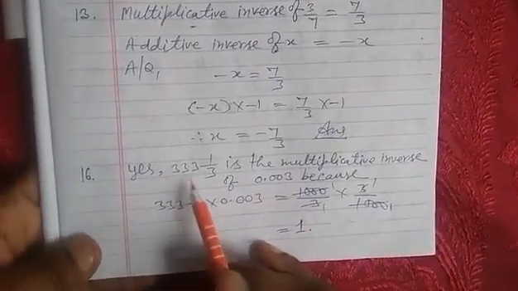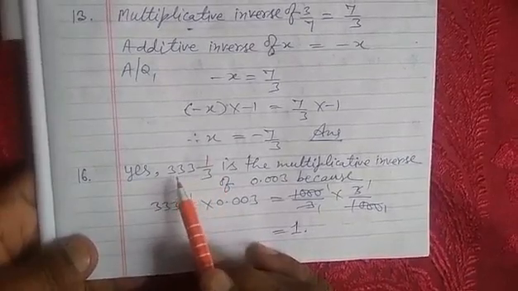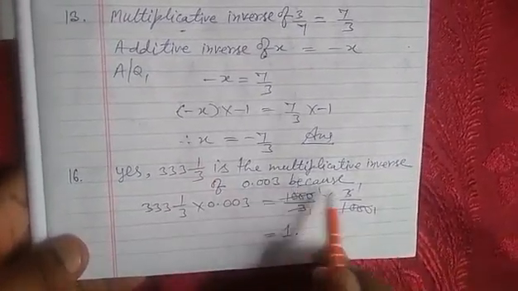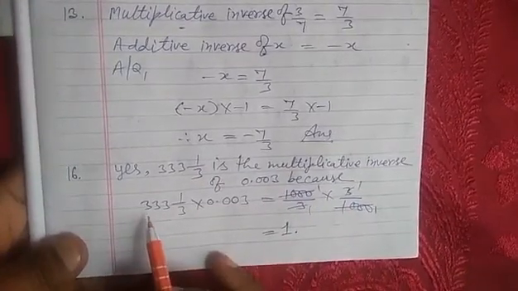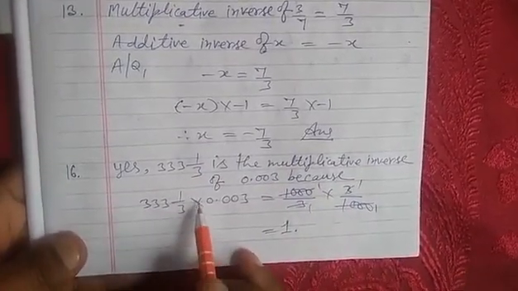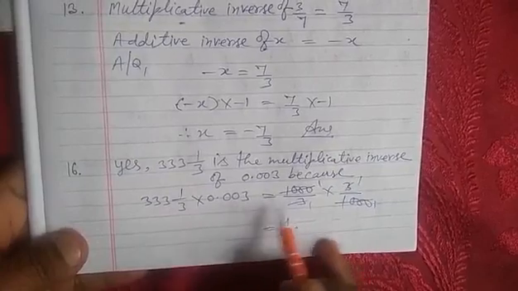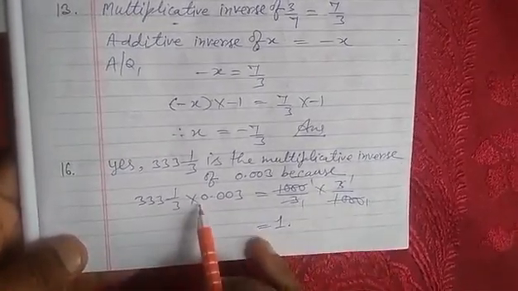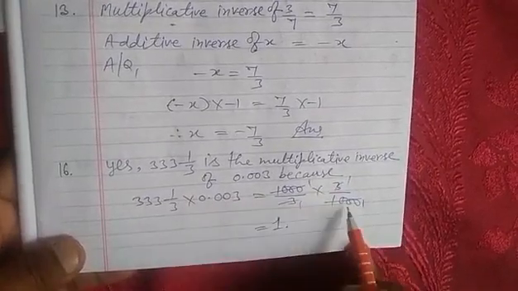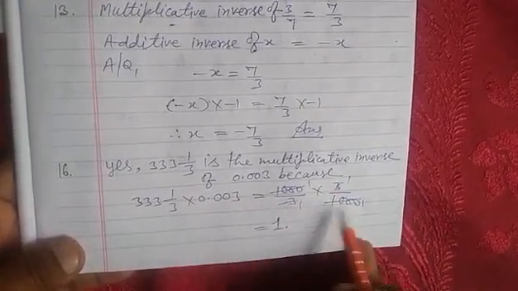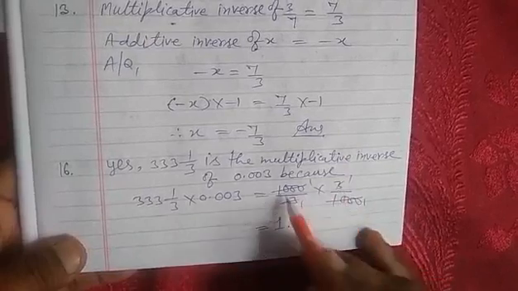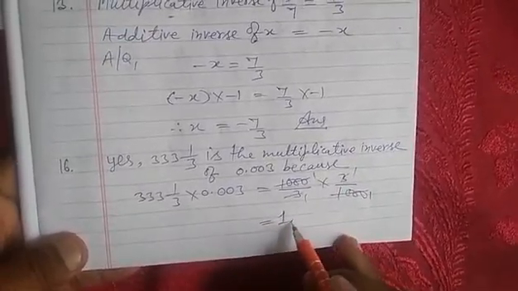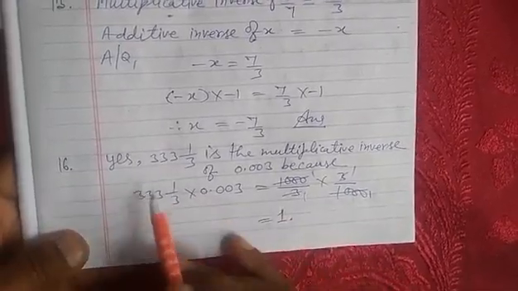Yes, 333 whole 1 upon 3 is the multiplicative inverse of 0.003 because 333 whole 1 upon 3 into 0.003 is equal to 1000 upon 3 into 3 upon 1000. We have to divide this one. They cancel out and give 1. Since their product is 1, this statement is true.